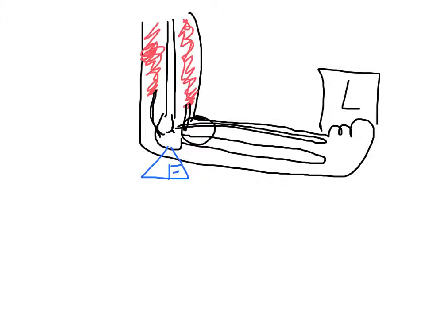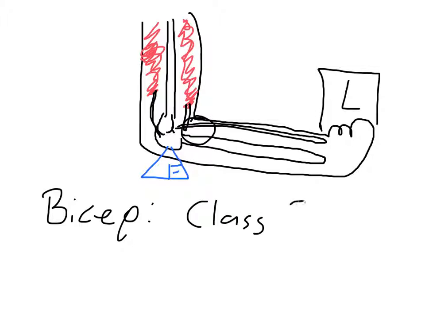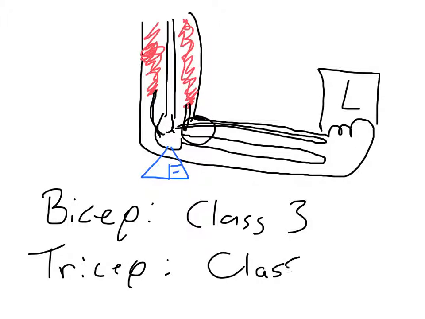So your bicep is class 3, tricep is class 1. If my drawing makes zero sense to you, and I'm going to be honest, I think it's actually a pretty good drawing for me. Page 274 of your textbook has this on it as well.